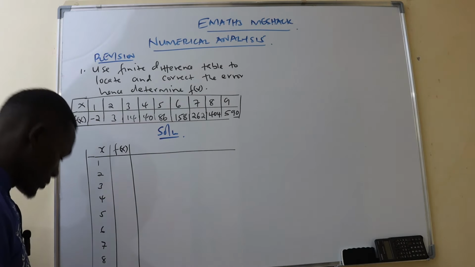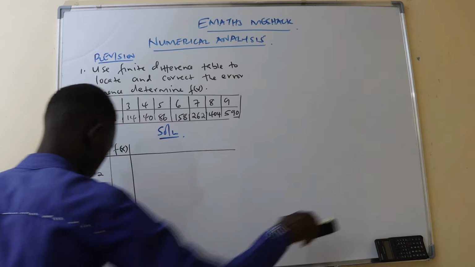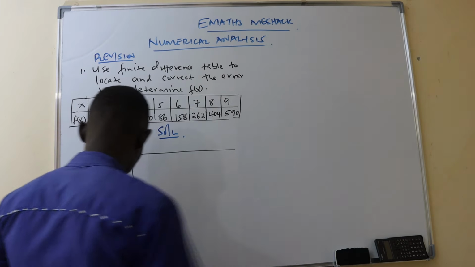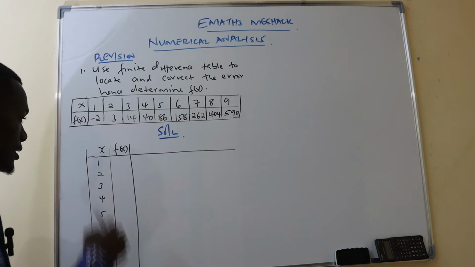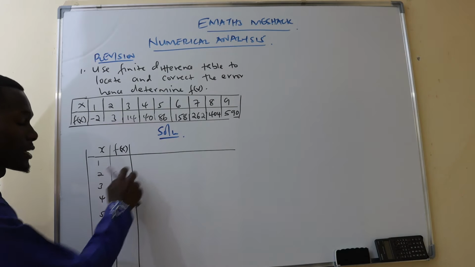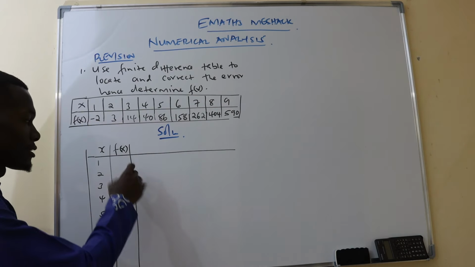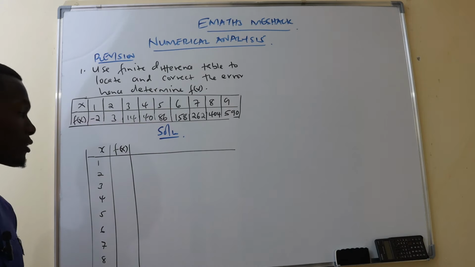Now remember, I always encourage that if you have some space, you should leave a good space between the entries, so that you can have at least a space here, because by the end of the day we're going to be finding differences. The differences need to be written in between the values of f(x).